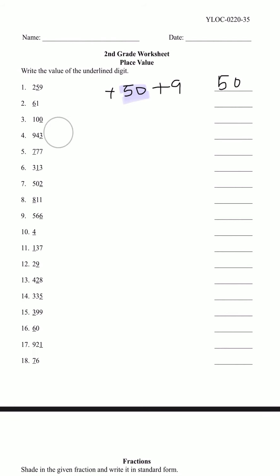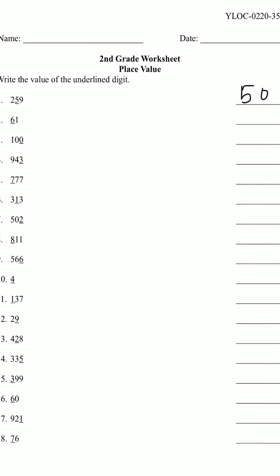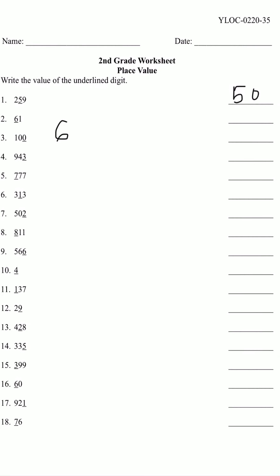Number 2. We have 61. 61 in an expanded form is 60 plus 1. And 60 is the underlined digit. So we're going to have 60. Okay. And number 3, we have 100.